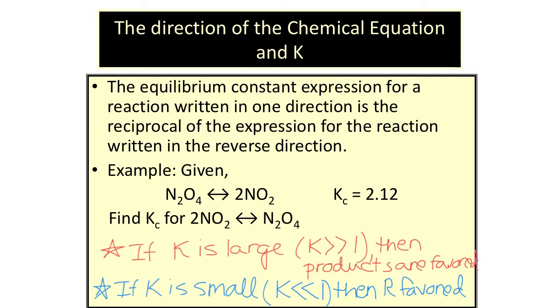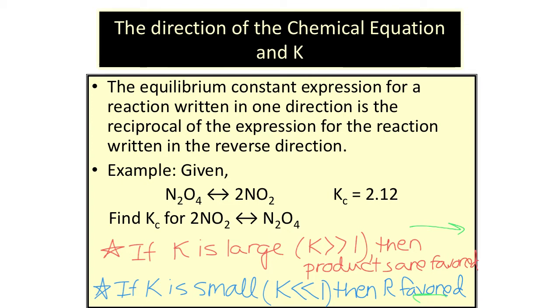As a review, if our value of K is large, so much greater than 1, then that tells us that the products are favored or the forward reaction is favored. If K is small, now K can never be negative, but it can certainly be less than 1 and have a negative exponent, then our reactants would be favored and the reverse reaction would be favored. So just wanted to start by reviewing that.